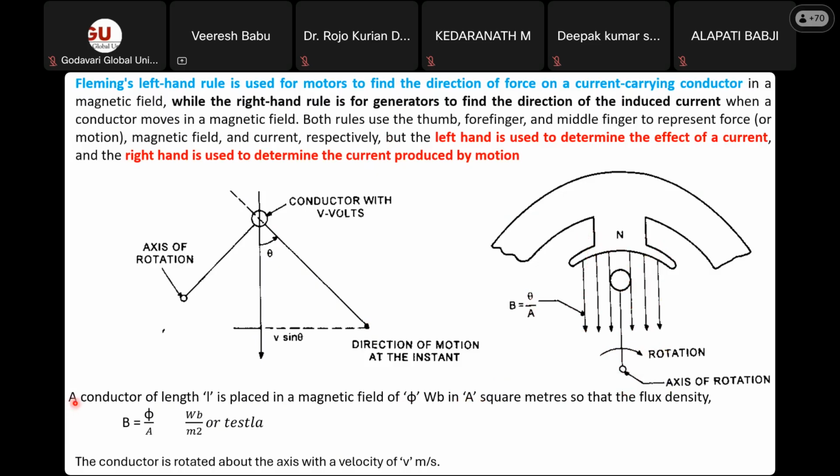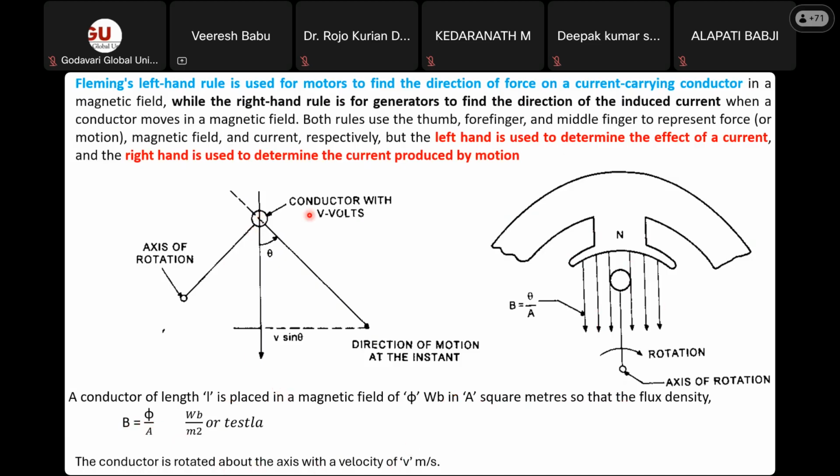A conductor of length L is placed in a magnetic field of phi webers, with area A in square meters, so the flux density B is equal to phi/A. The conductor is rotated about the axis with a velocity of V meters per second.